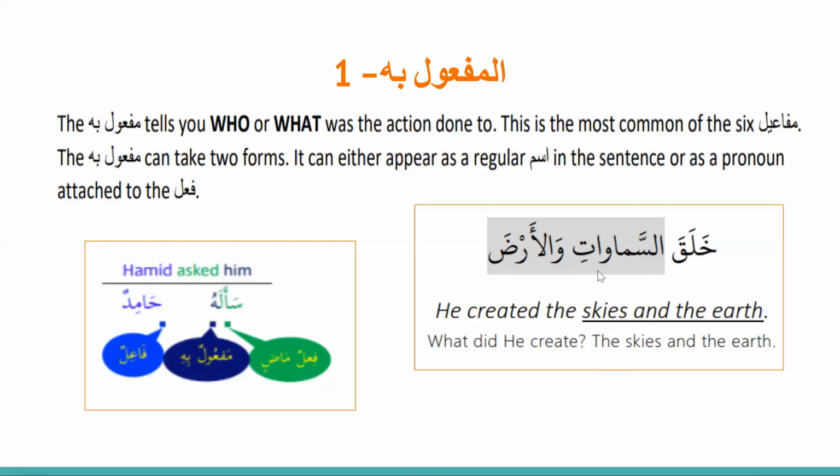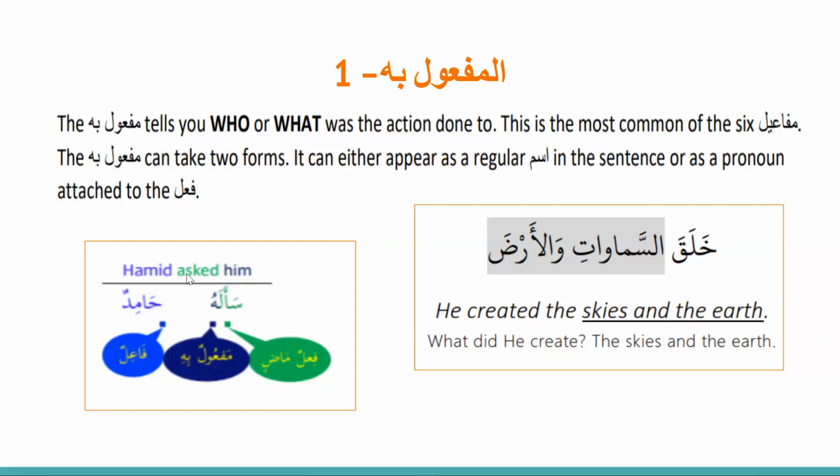Yes, because samawatun, samawatin, samawatin, like muslimatun, muslimatin, muslimatin. So this is in nasb status, and wal arda is obviously in the nasb status. So these are 2 maf'ul bihi for khalaqa.